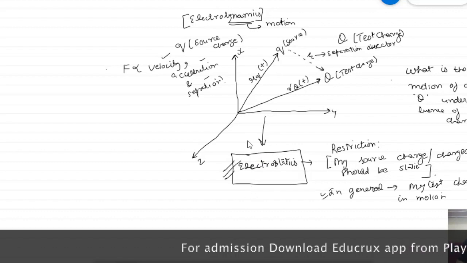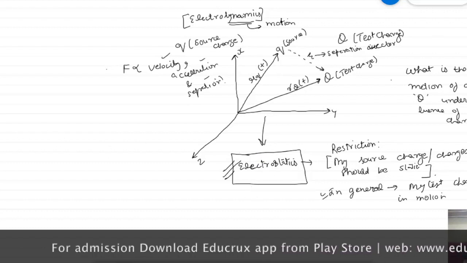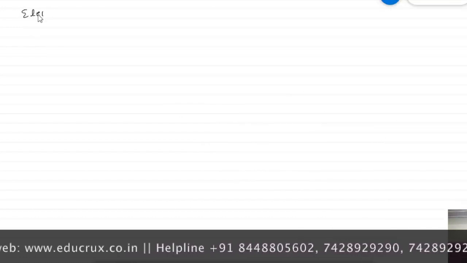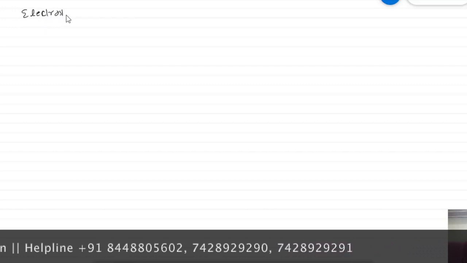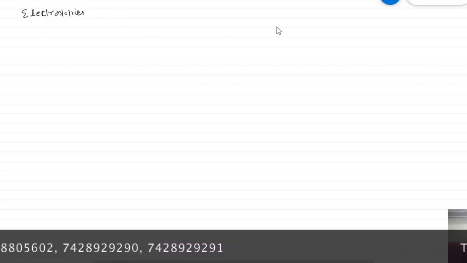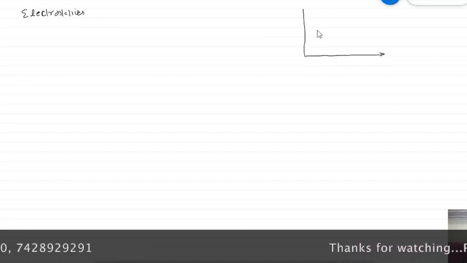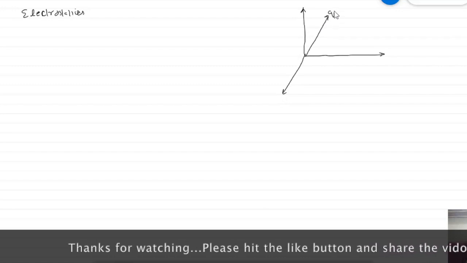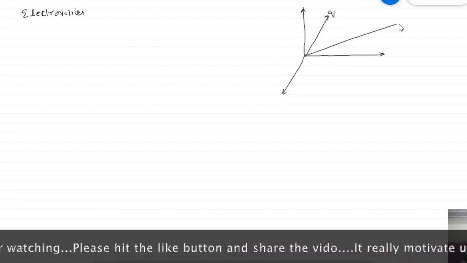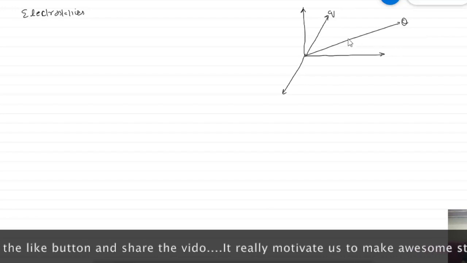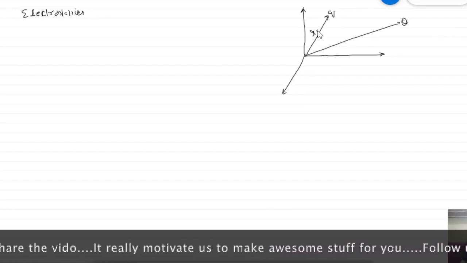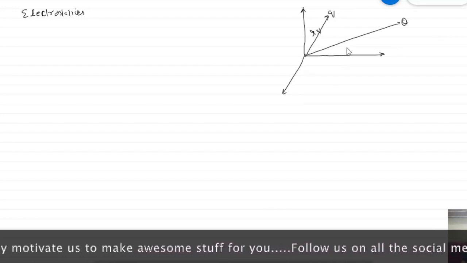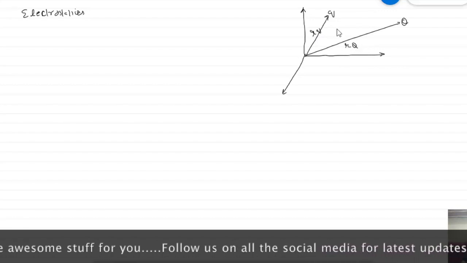So I'll rub this down and write it again. So we will first try to understand electrostatics. In electrostatics, I have a source charge small q and a test charge capital Q. And these are the respective position vectors of the test charge and the source charge.